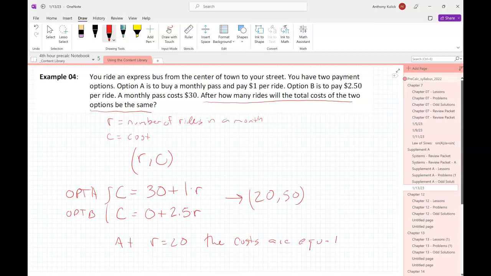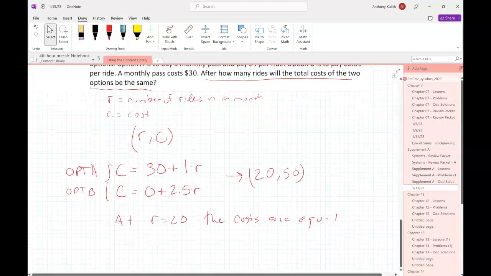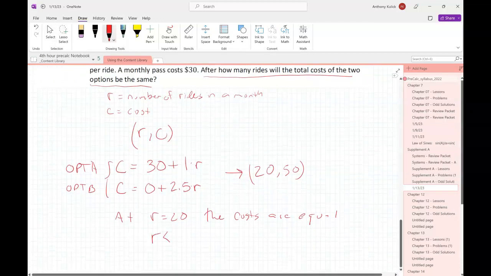So we can say if you ride the bus 20 times, the cost of the 2 plans are equal. Yes, sure. If you ride it less than 20 times, which option is better?